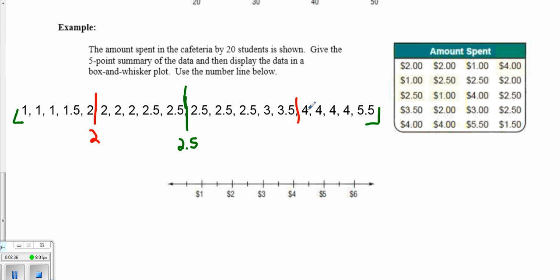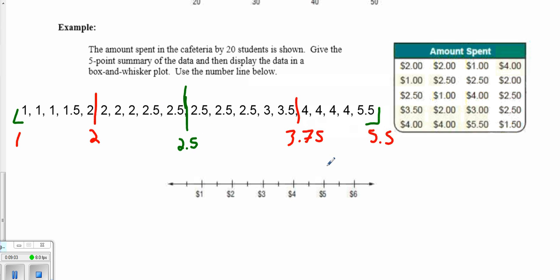So to find our median, we take the average of these two numbers, 3.5 and 4, and we'd find that it's 3.75. This means our 5-point data summary would be 1, 2, 2.5, 3.75, and 5.5. That shows our two extremes, two quartiles, and our median.